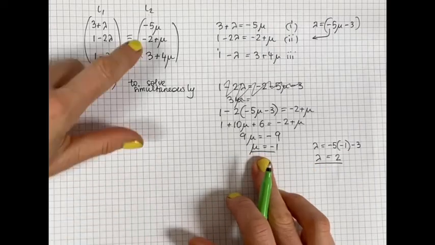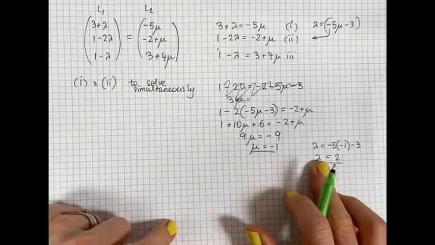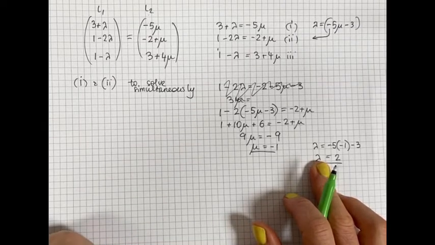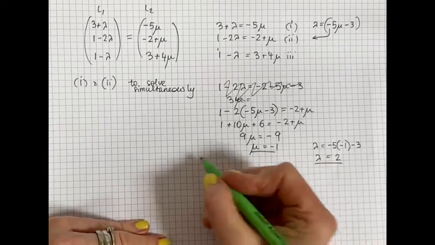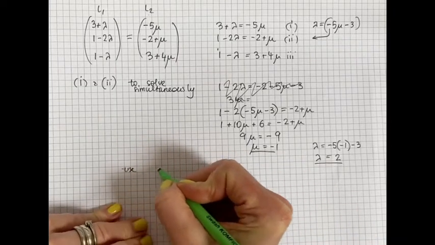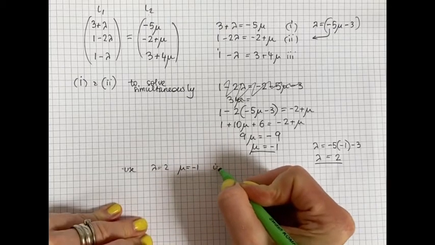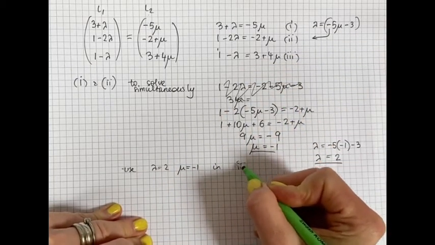If you find mu, you substitute into L2 to find the point of intersection. If you found lambda, you substitute into L1. Because we are proving that the point of intersection exists, we've got to find both, and now use lambda equal to 2 and mu equals minus 1 in the third equation to prove that it agrees.